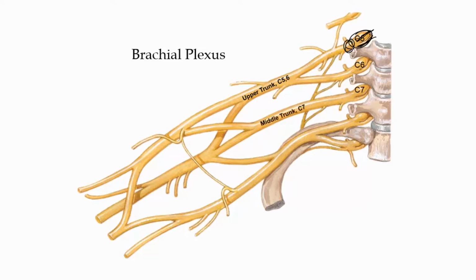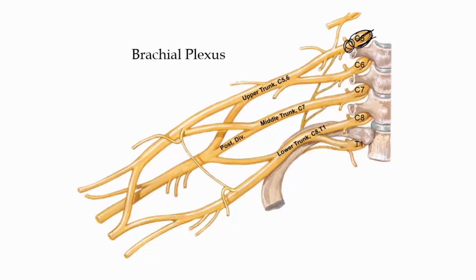C7 by itself forms the middle trunk, and then C8 and T1 form the lower trunk. So we have superior, middle, and inferior, or upper, middle, and lower trunks. Upper C5 and 6, middle C7, and lower trunk C8 and T1.